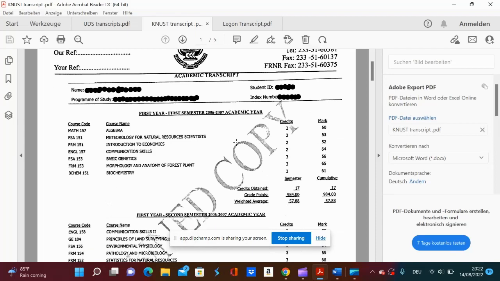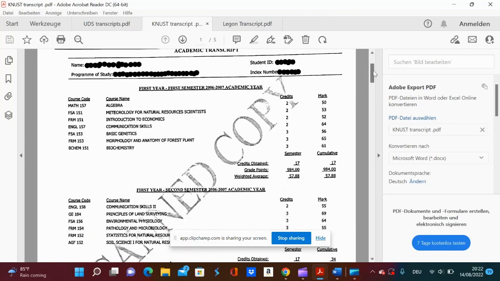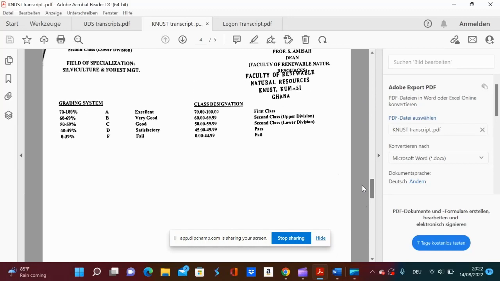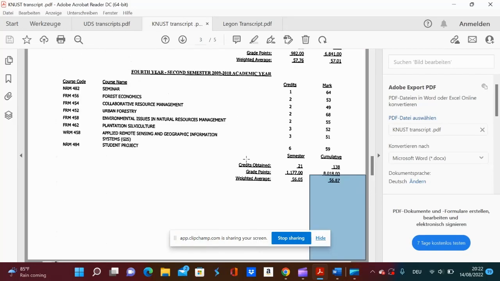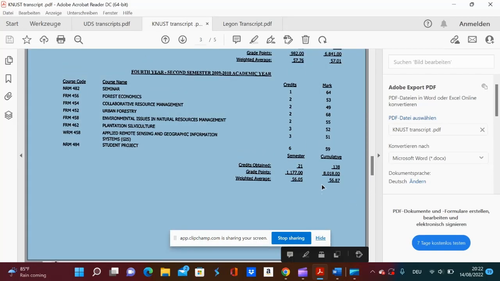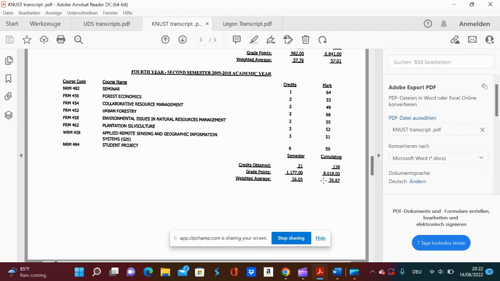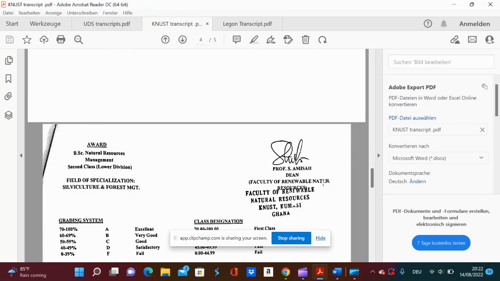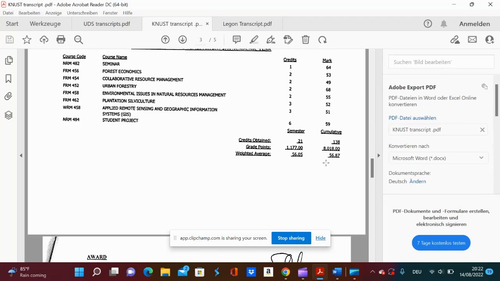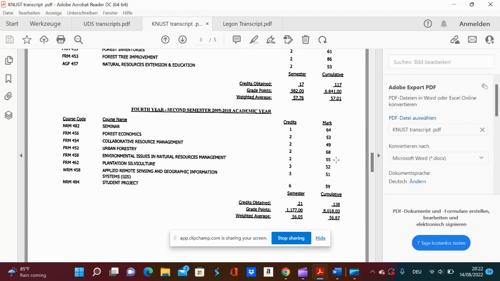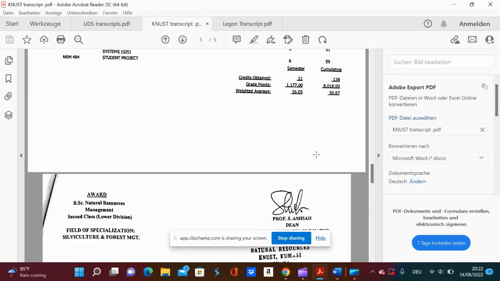This person had 56.87 as the final grade, and was a second class lower division.